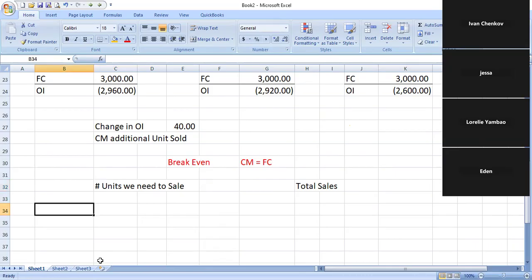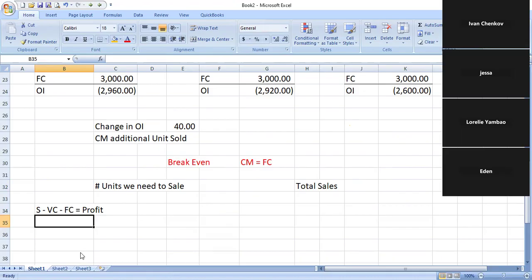So we know that the sales minus variable cost minus fixed cost is going to give us profit. Correct?